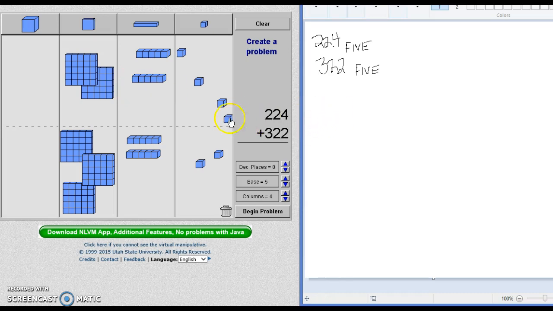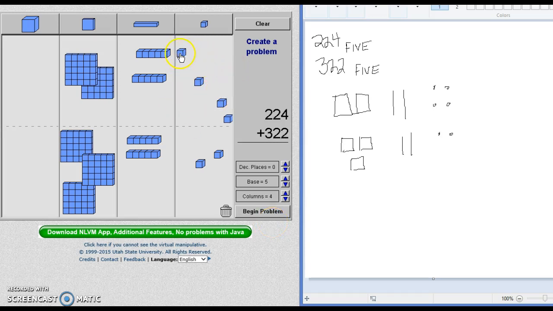So, again, the cool thing about using shortcuts to represent blocks is that if I'm going to draw this, I am not going to worry about anything other than just saying, hey, I've got some flats here. Flats, longs, babies. And it's up to me to know how many for my exchange rate. Okay, so there's my picture.